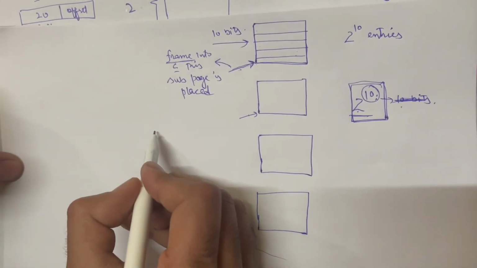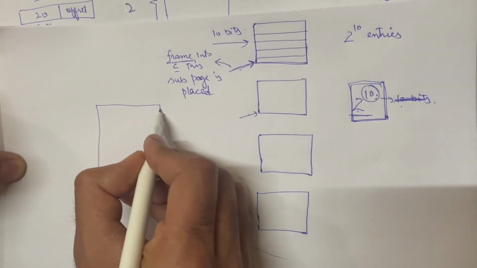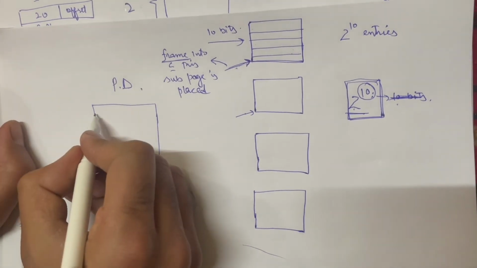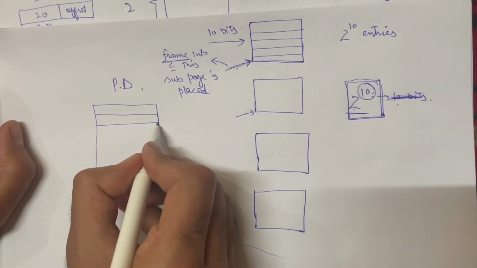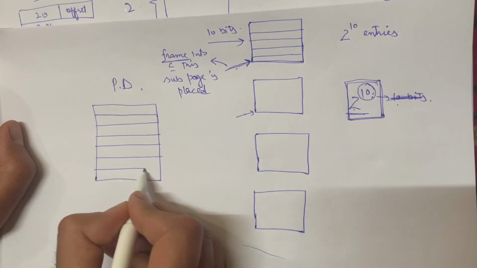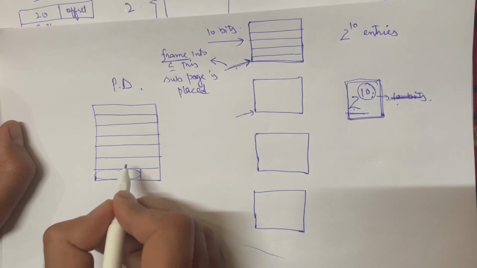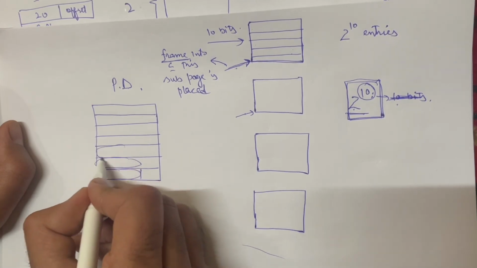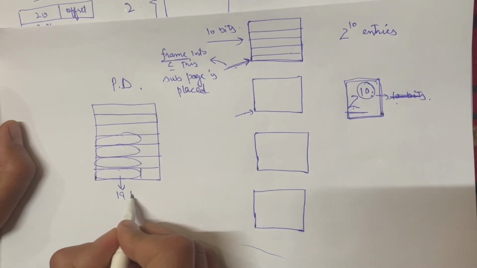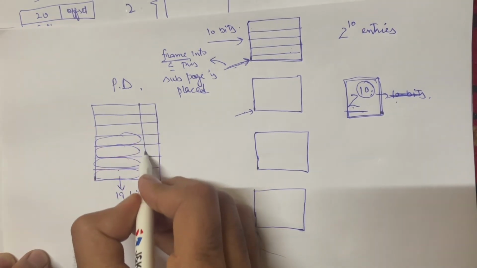The base addresses of these subpages are stored in another table, which is called the page directory. This page directory contains the starting address of every sub page. What will be the starting address? 19 bits, because it is a frame number. So this is our page directory.